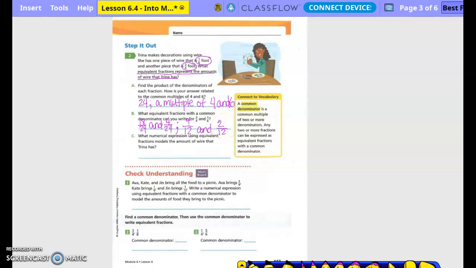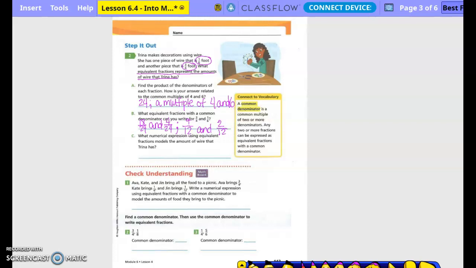Okay. So you could use either one of those, but you would have to simplify eventually, right? Okay, if you use the first one. What numerical expression using equivalent fractions models the amount of wire that Trina has? So can we use this one right here?